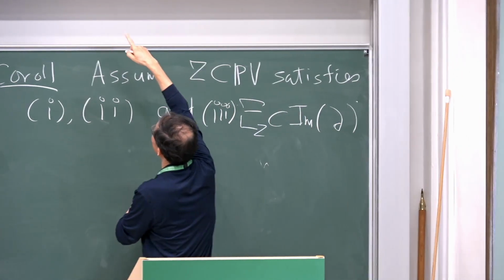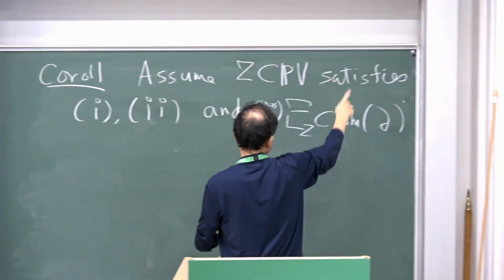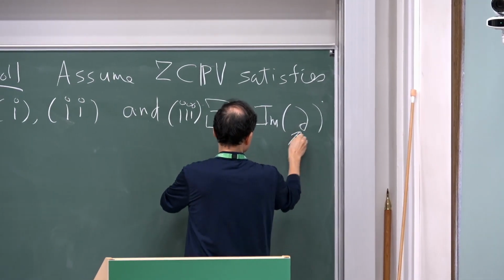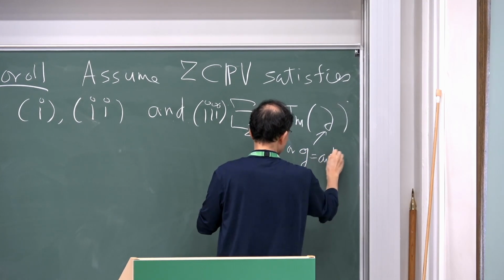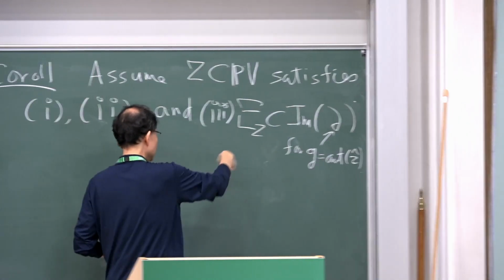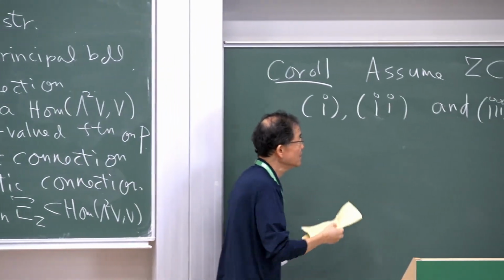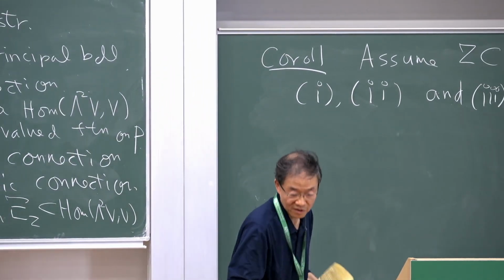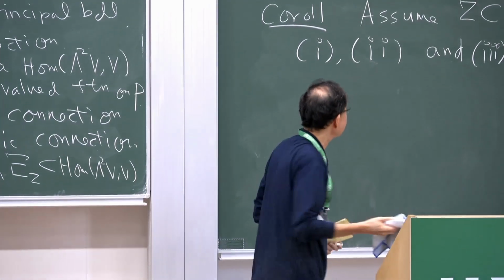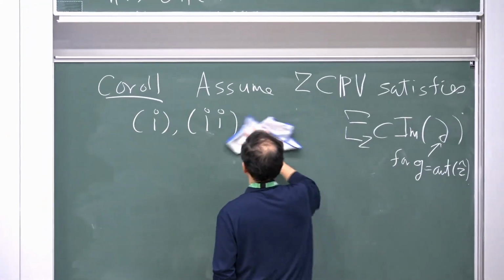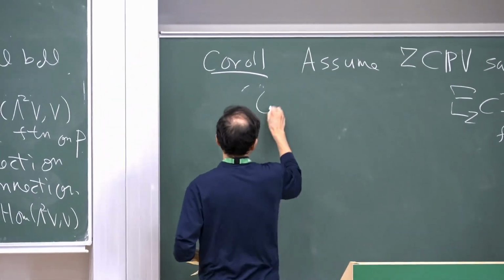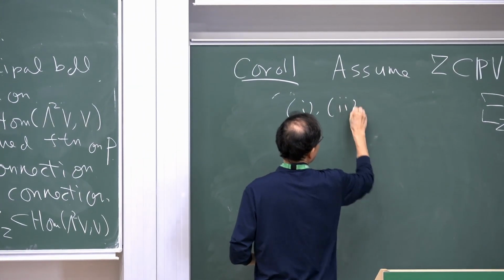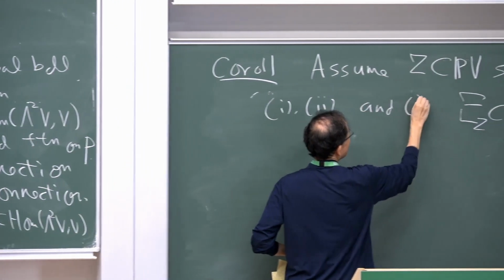Of course, the Spencer operator depends on the choice of the algebra, so this is for the automorphism algebra of the projective variety. So let's assume that the variety satisfies these three properties: one, two, and this property.